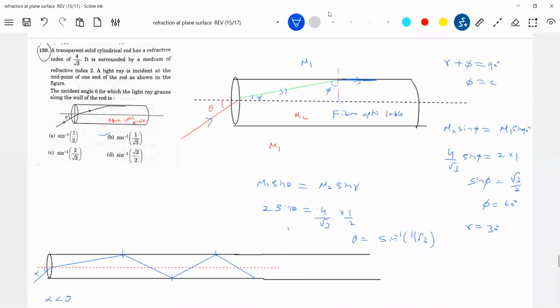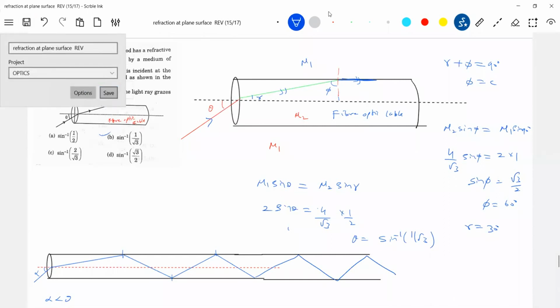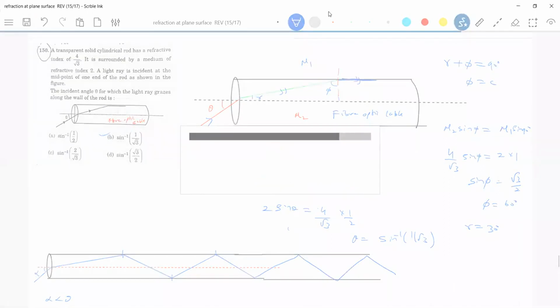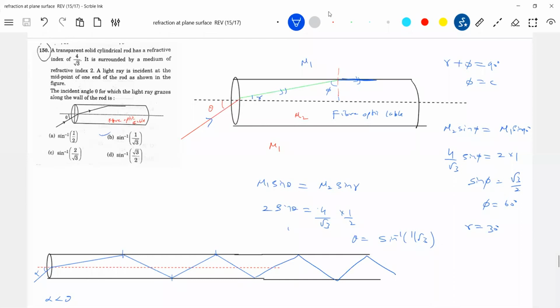It will undergo successive TIRs as long as the length of the rod is there, provided that alpha is less than theta. Please do remember, any general passages can also be asked in the final Advanced, so you have to be careful. Okay, we have one more.